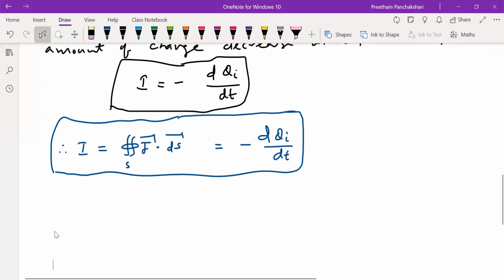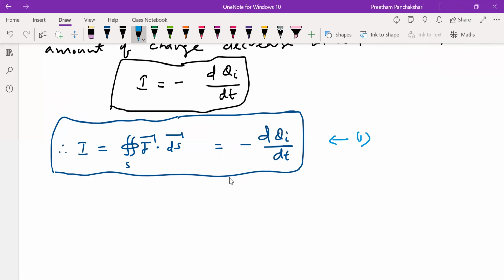We can call this the continuity equation of current. That means when the current is continuously flowing out of the closed surface, the charge within the surface also continuously decreases with respect to time. Let us label this equation as 1.